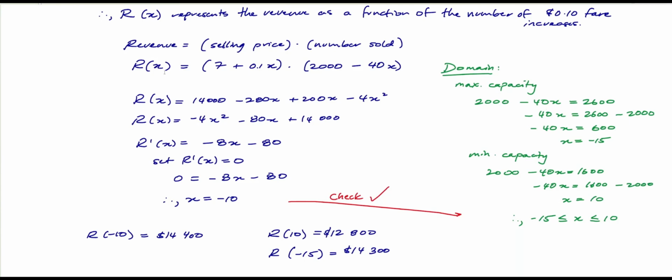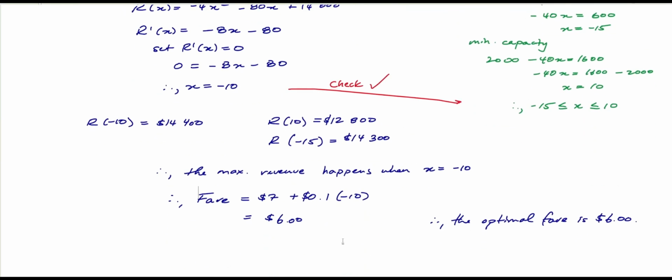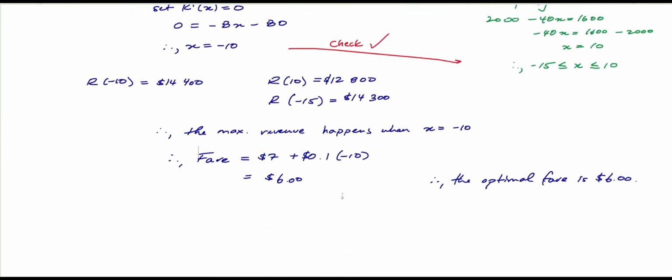Then get the revenue function, expand it out, take the first derivative, set it equal to 0, find that critical number, sub the critical number in, and then compare it with the endpoints of the domain, and find out what your extreme value was, or your best, optimized value. So we min-maxed here and we got a fare of $6.